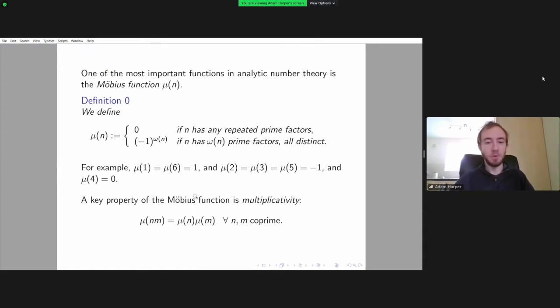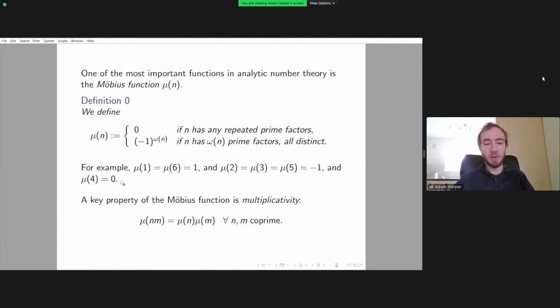So, for example, mu of 1 and mu of 6 are both 1 because 1 has 0 prime factors and 6 has 2 prime factors, and they're all distinct. And mu of 2 and so on is minus 1. Mu of any prime is minus 1. And mu of 4 is 0 because 4 has a non-trivial square factor. It's divisible by 2 squared.